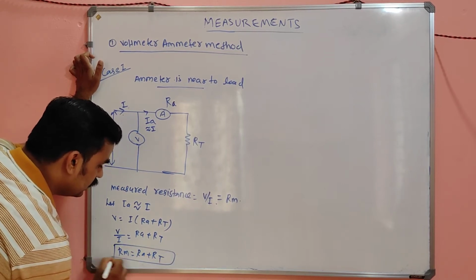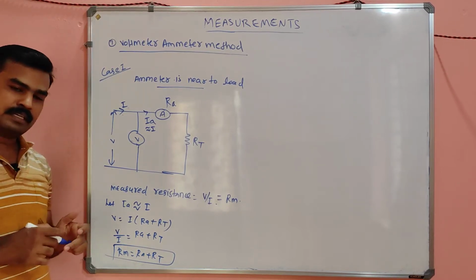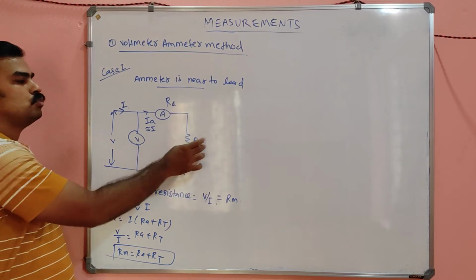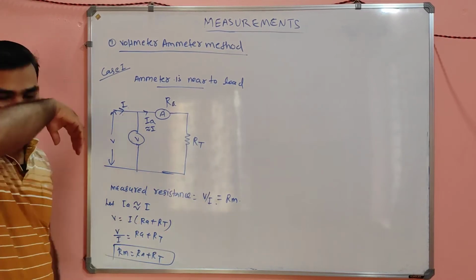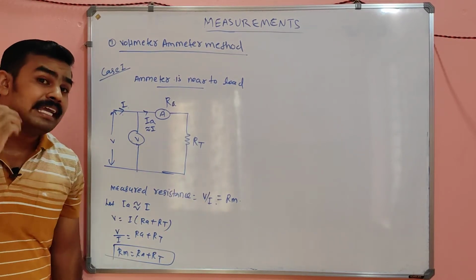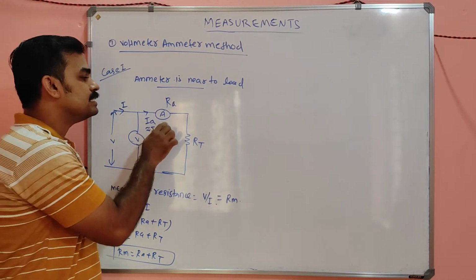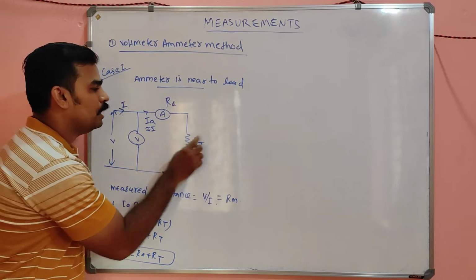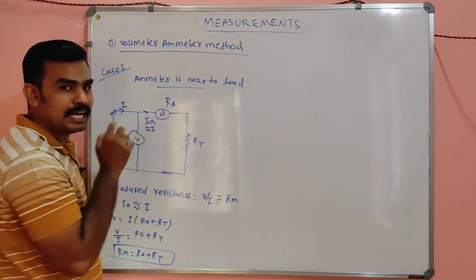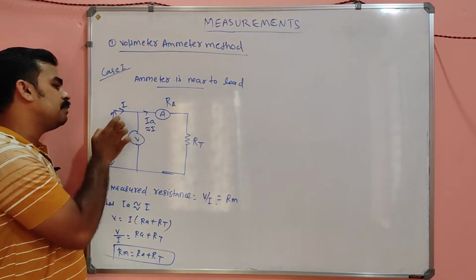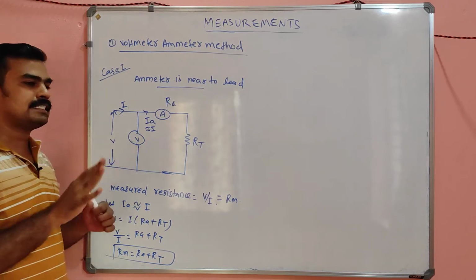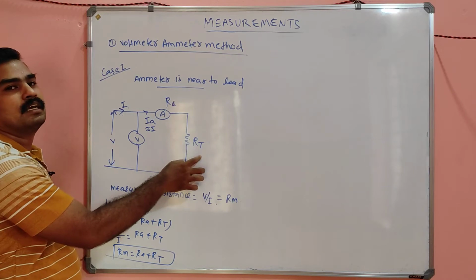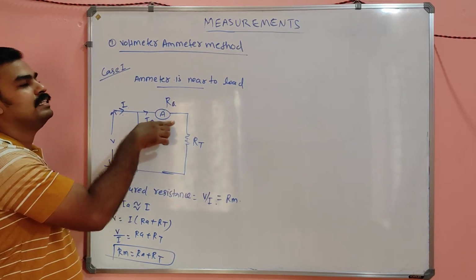Which means the measured value is actually not the true value of the resistor. It is greater than the true value. Why? Because there is RA in series with the test resistor. Along with the true value resistor, there is RA also. That means if you simply take the V by I ratio, the total resistance you got is not only due to RT, but also the small resistance offered by RA.